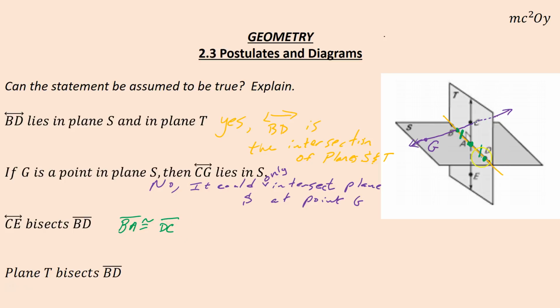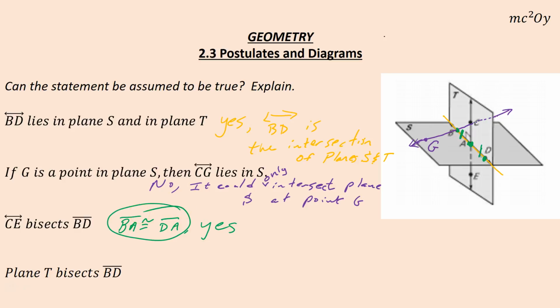Did I say CA? I meant DA, not DC. BA is congruent to DA, and therefore, since that's the case, CE is bisecting BD because of the markings. So that is yes. And you can use this as your reason.